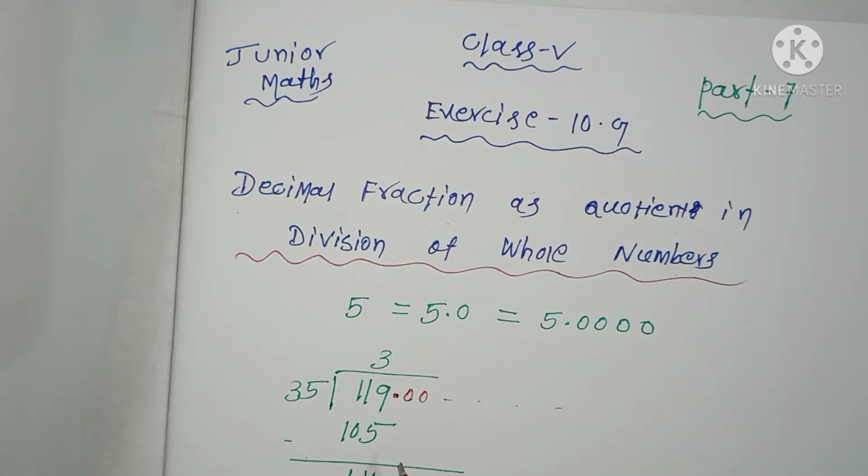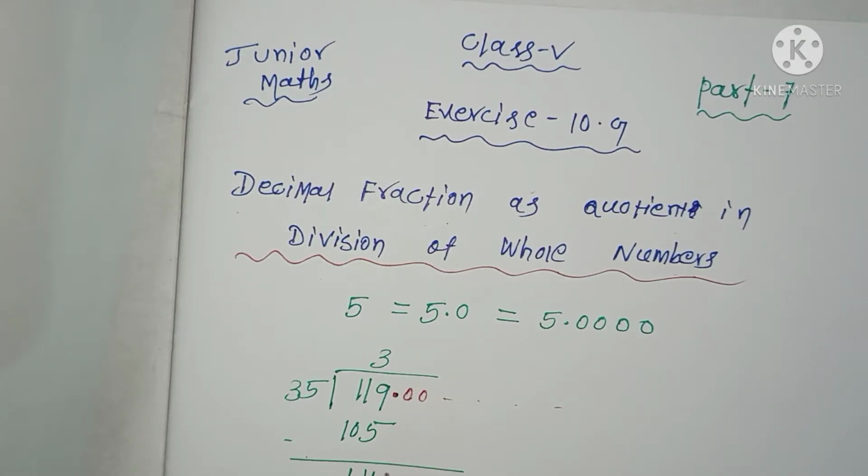So now we bring down a 0 and get 140. Whenever you bring down from the tenths place, the quotient is put as a decimal. Is it clear to all of you?